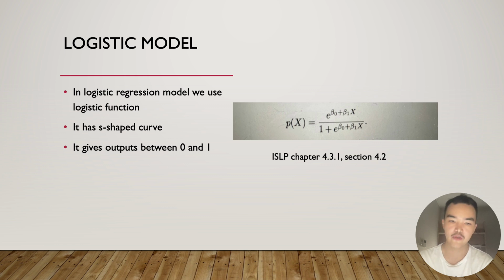It may give output between 0 and 1, but it also may give outputs below 0 or above 1. That's why we use the logistic function. And the logistic function has an S-shaped curve.